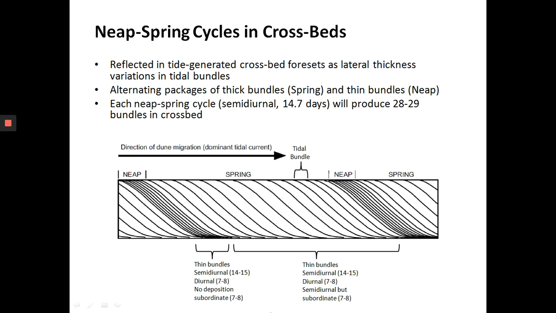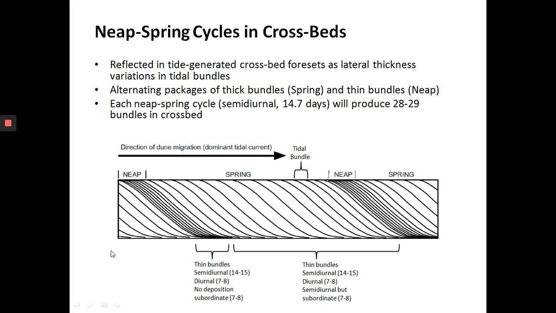And then you look at the packages of tidal bundles, you get these thick packages of bundles here. Sorry, typo. This should be thick bundles. So it could be 14 to 15 bundles or 7 to 8 bundles, depending on whether it is semi-diurnal or diurnal. Sorry, let me clear my mind first.